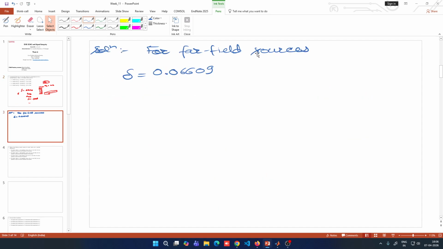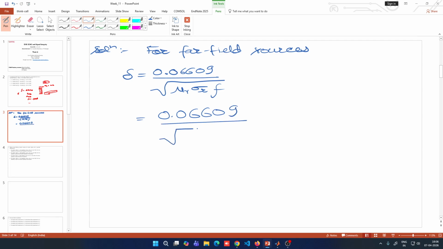Now for far field sources, we know that the skin depth formula is 0.06609 divided by under root mu r sigma r into f. Now all these quantities are already given in the problem.